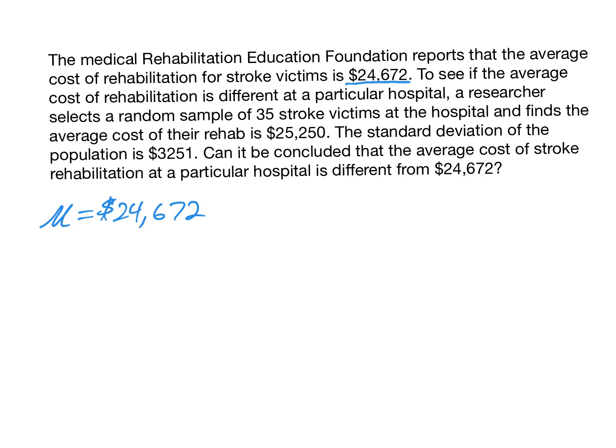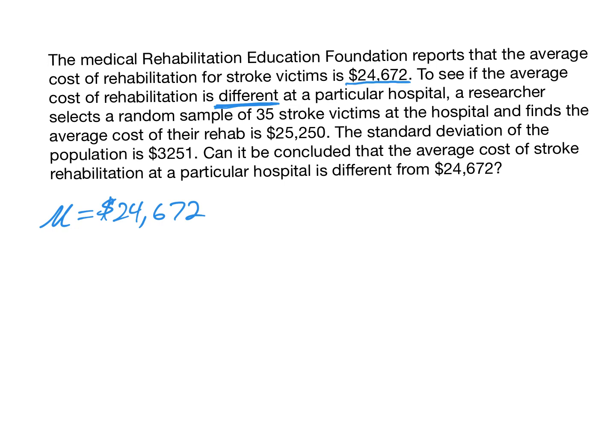To see if the average cost of rehabilitation is different, when you see this word different, that doesn't mean greater than, that doesn't mean less than, this means it could be more or less. So let's hold that thought for a moment when we get to our alternate hypothesis.